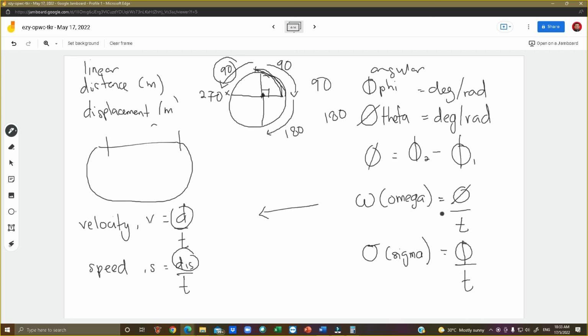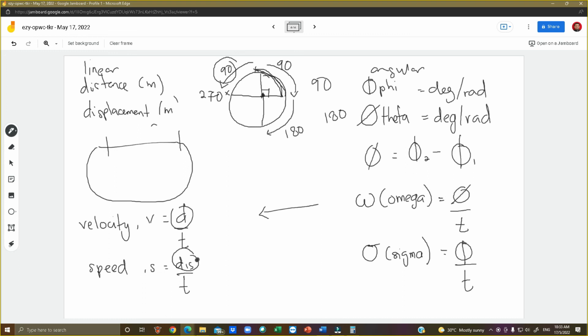So I want you to open up your eyes. Take a good look. It is actually the same thing. The difference is just towards the symbol being used and where to find the data. Itu je beza dia. The formula is actually similar. Cuma ini V, ini omega. Ini S, ini sigma. Kalau bahagian atas pula, ini displacement, this is theta.